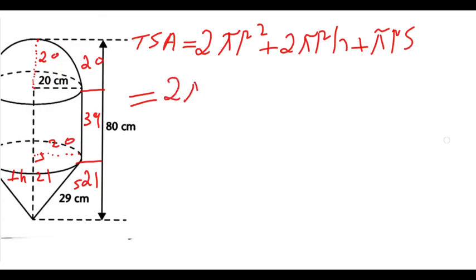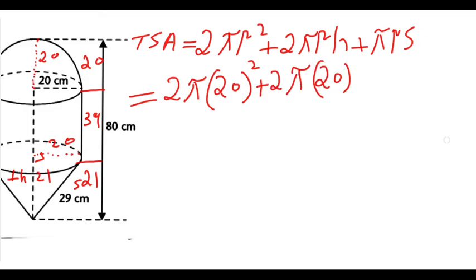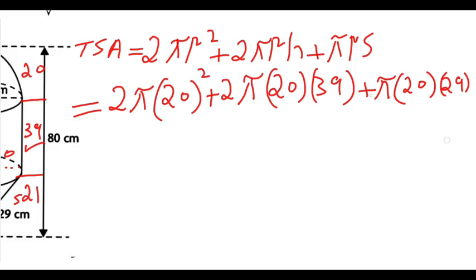So 2 pi radius, we got 20 squared, plus 2 pi multiply radius multiply h height, which is 39. For the cylinder, we're using the same height, outside one, plus pi multiply 20 multiply slant height, which is 29.